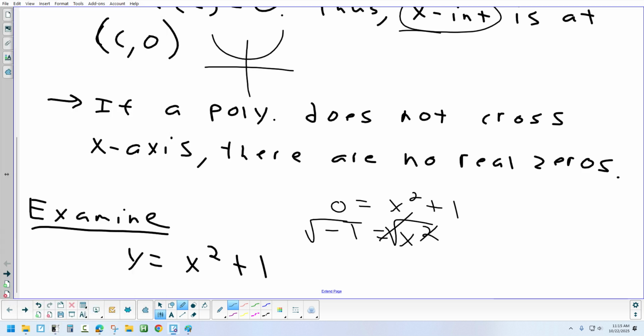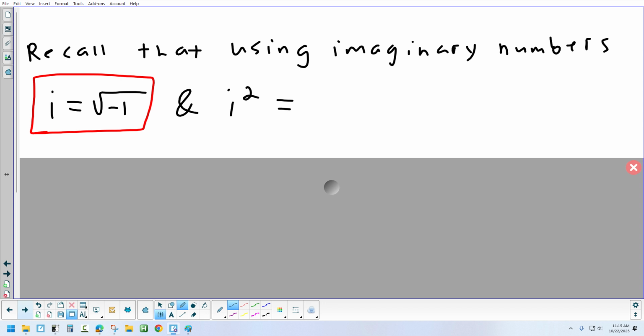Okay? So there is a way to represent this in math. There's a symbol for it. And that's what we're going to look at. Okay. So we've talked a little bit about i before, and did it probably last year in Algebra 2.